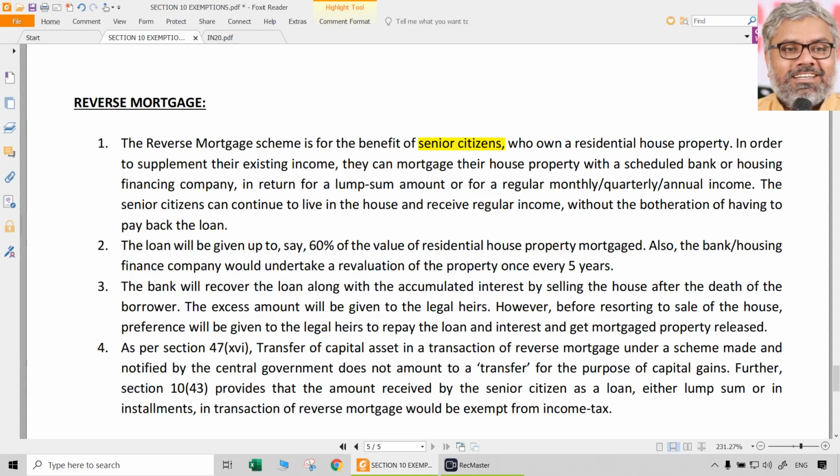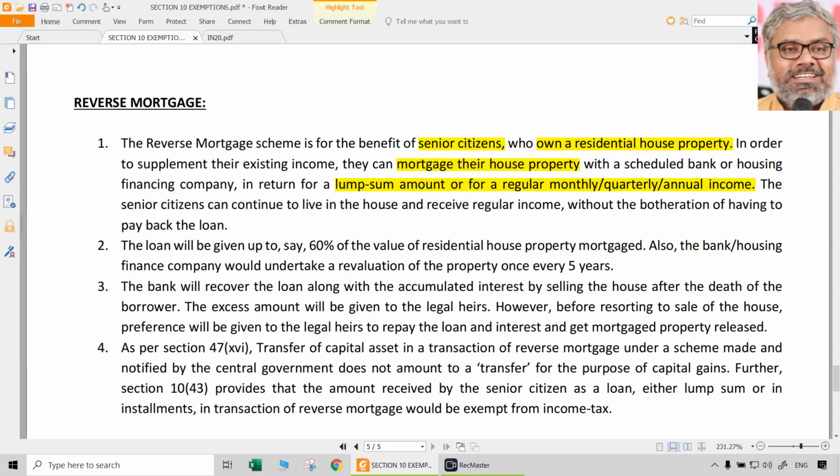So these are people who are senior citizens and who own a residential house property. In order to supplement their existing income, if any, they can mortgage their house property with a scheduled bank, or even a housing finance company, in return for a lump sum amount or a regular monthly, quarterly or annual income.